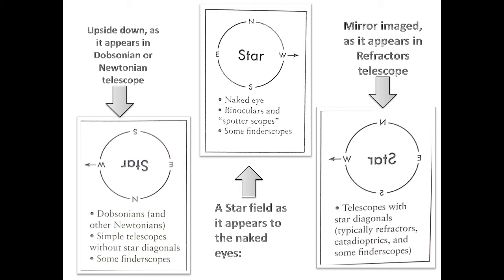The arrow shows the direction that the star will drift, moving from east to west across the field of view. There is some software available online for this purpose.